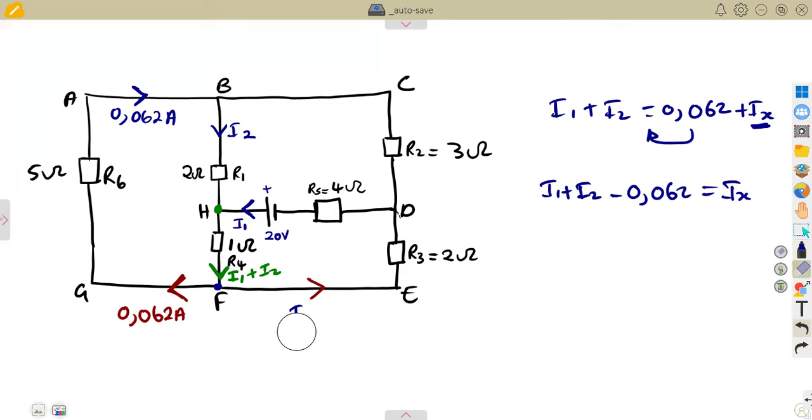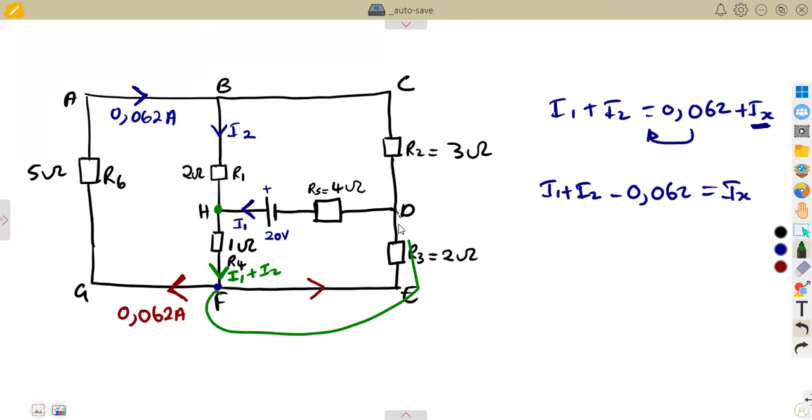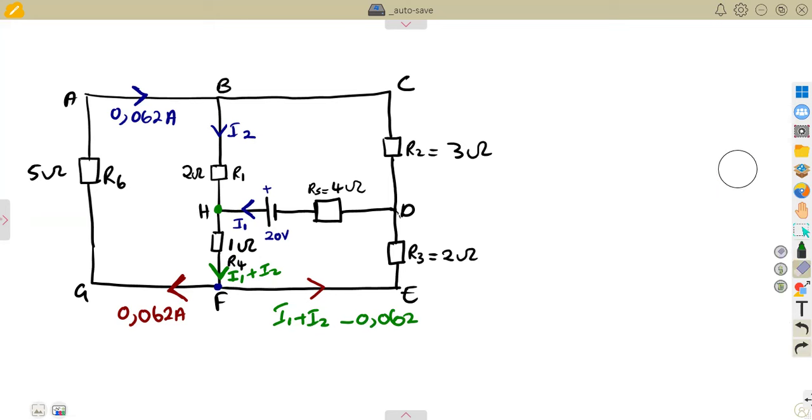The unknown current in this branch from F to E to D is given as I1 plus I2 minus 0.062. That is the current flowing towards the junction minus this one going away, which gives us the remainder. That is how you can find these currents.